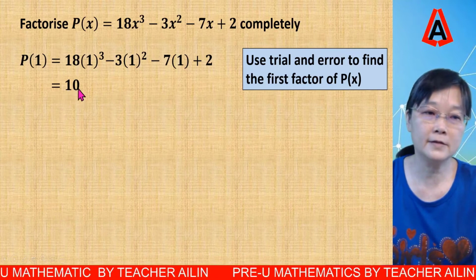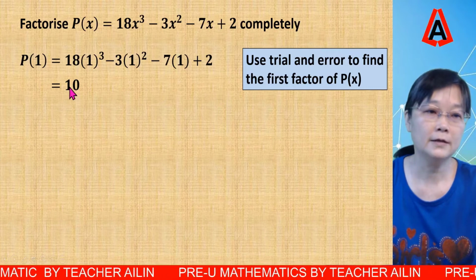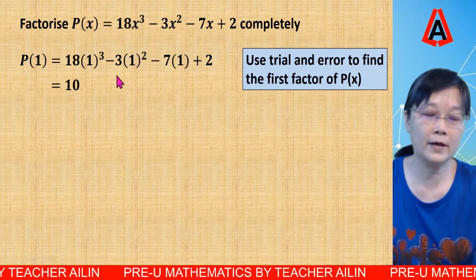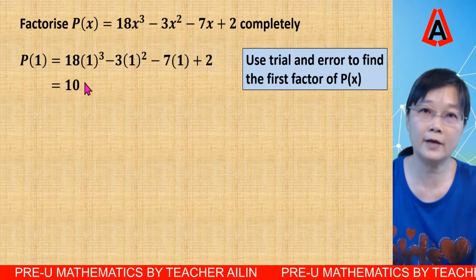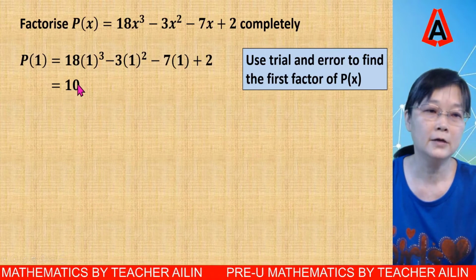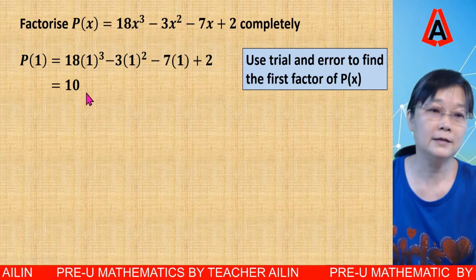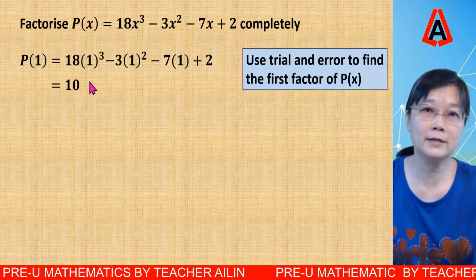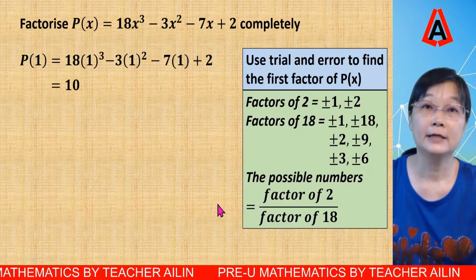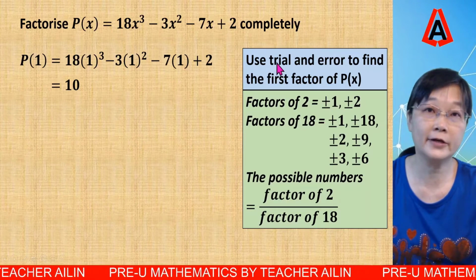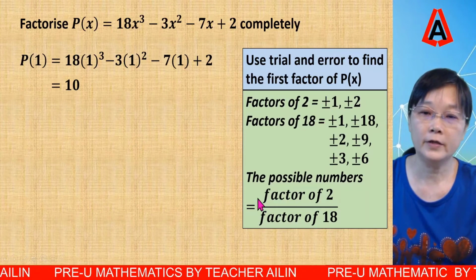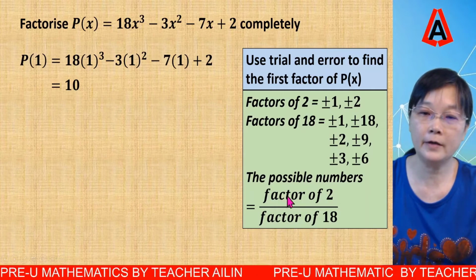If the result is not equal to 0, then we ignore these values of x and continue to try other values of x until we get 0. And this process is quite time consuming. To save time from doing trial and error, we can use the possible number here.